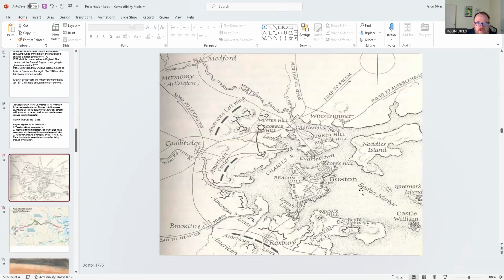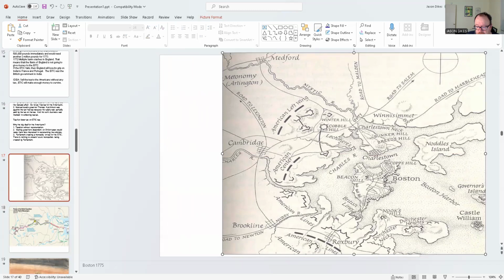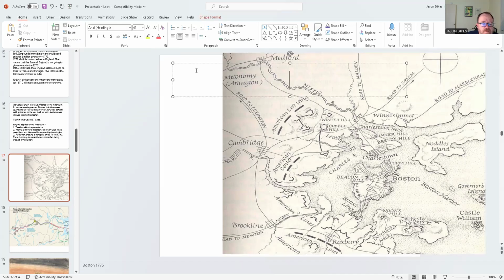Now, the tea ships are going to arrive in Boston. Okay, right down here, the dock area of Boston. But nobody will unload the tea. So 3 tea ships show up.